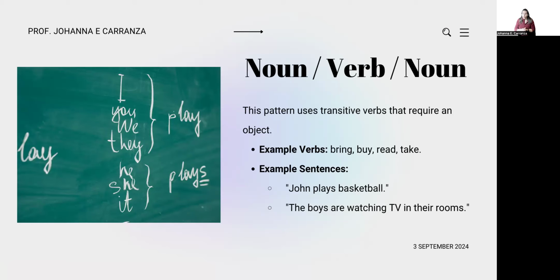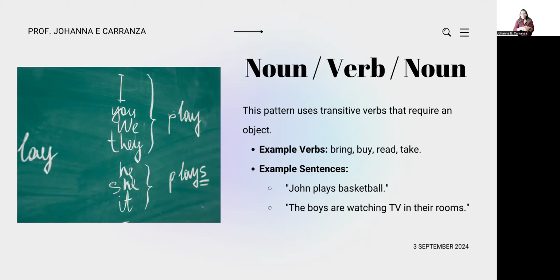So verbs like bring, cost, give, buy, get, lend, make, pass, pay, read, take, show, write, send, or refuse, those are transitive verbs. I do want to open a parenthesis to say there are verbs that can be intransitive and transitive at the same time, but that's for another talk, just letting you know.